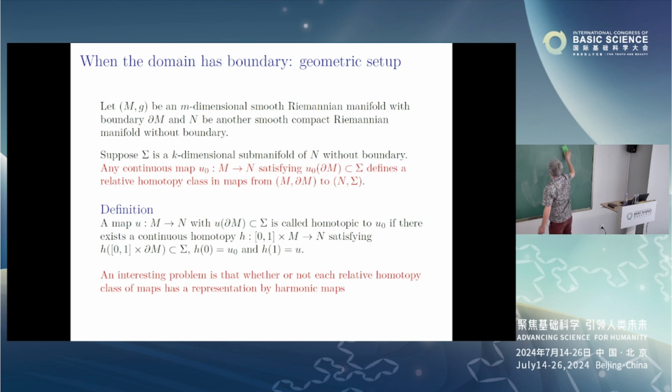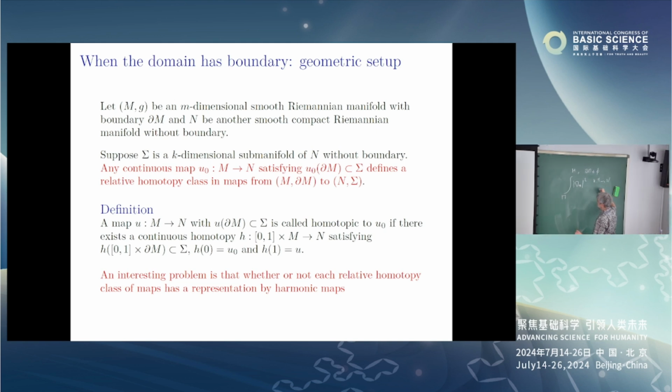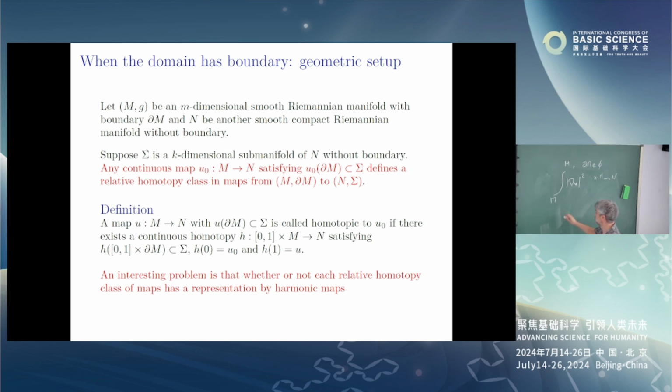You have your domain M, which has a boundary, and you look at a map from M into N. And on top of it, you put a constraint that the map maps the boundary of your domain into a submanifold of N. The submanifold has dimension K, N has dimension whatever, N, and K is less than N minus 1.